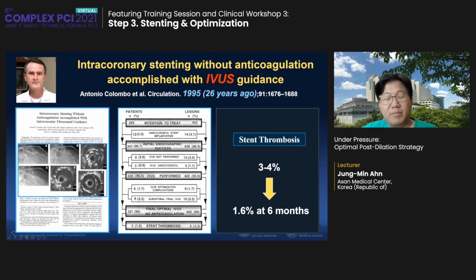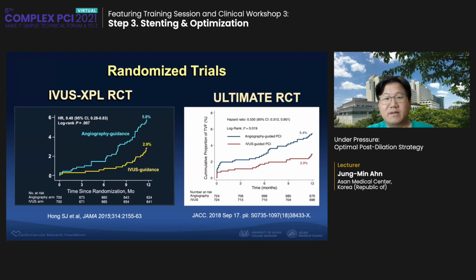But based on the IVUS findings, he applied post-dilatation and made the stent well apposed, so he could decrease the stent thrombosis risk from 3 to 4% to 1.6% at the next 6 months. This is the very first report of why we have to do post-dilatation based on IVUS guidance.